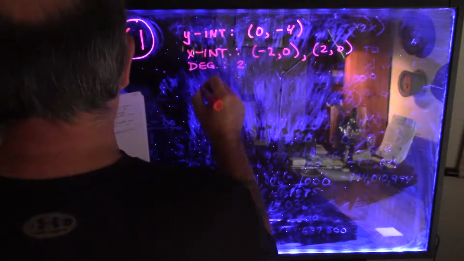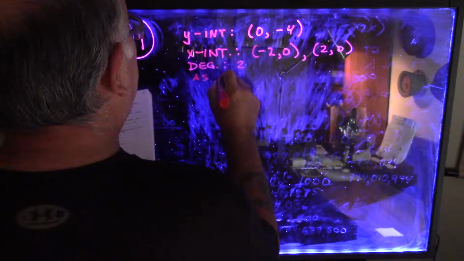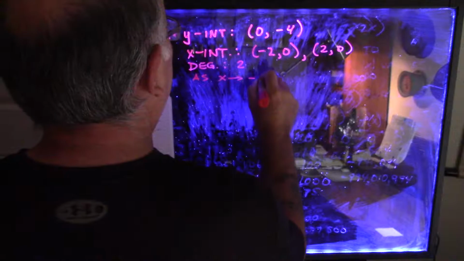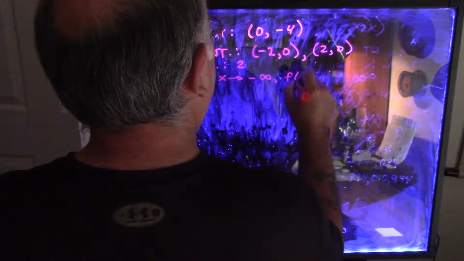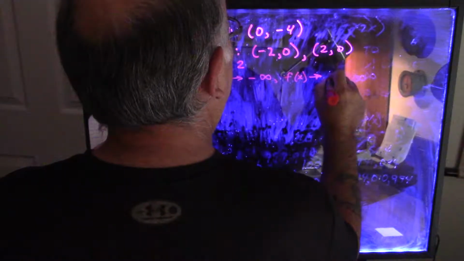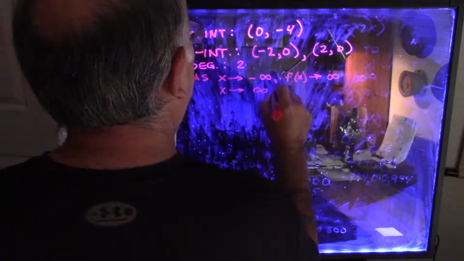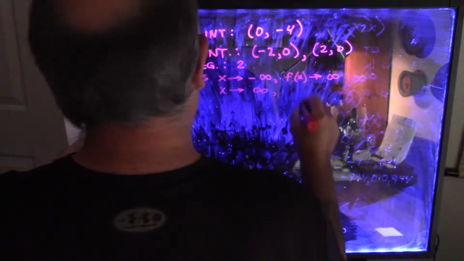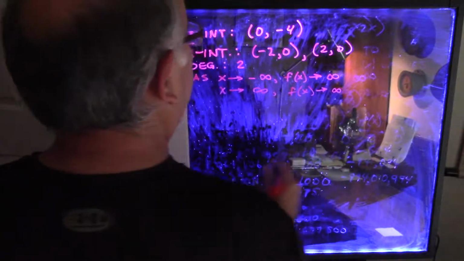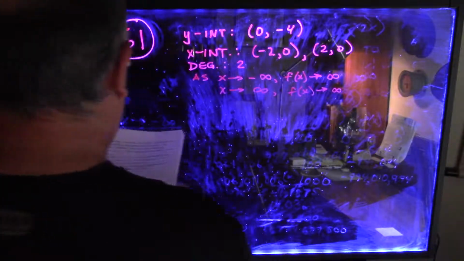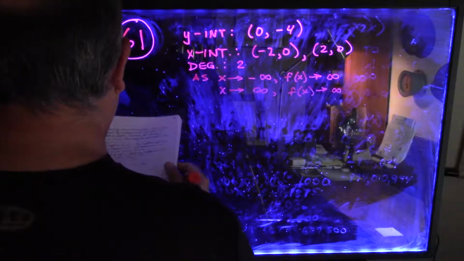All right, and behavior we have as x goes to negative infinity, f of x goes to infinity, and as x goes to infinity, f of x goes to infinity. All right. So the polynomial is of degree 2, leading coefficient is plus or minus 1.